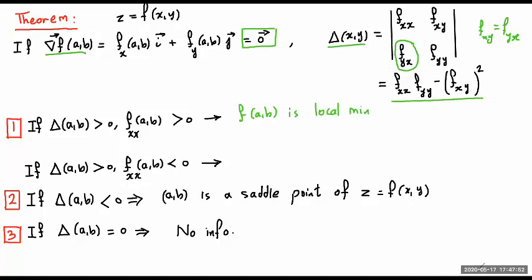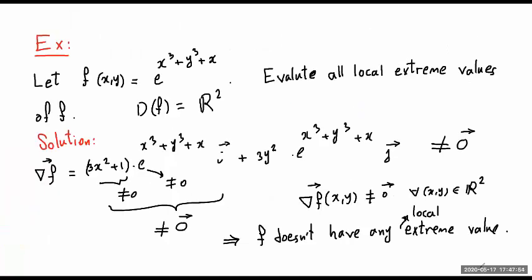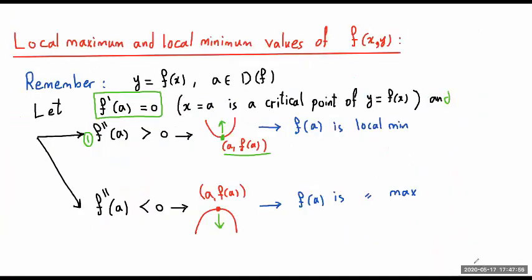Remember, for one variable, this is the second derivative of f with respect to x at a. If the second derivative is positive and the first derivative is 0, I have a local minimum for a function in one variable. So here we have something similar.